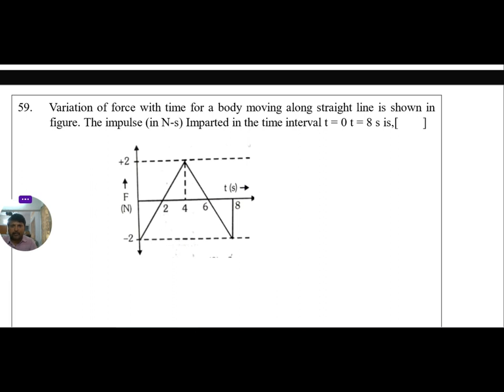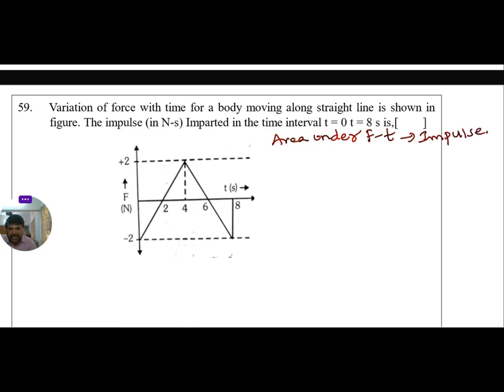The impulse imparted in the time interval 0 to 8 seconds is. Here graph is force time. We know very well area under force time graph gives impulse.